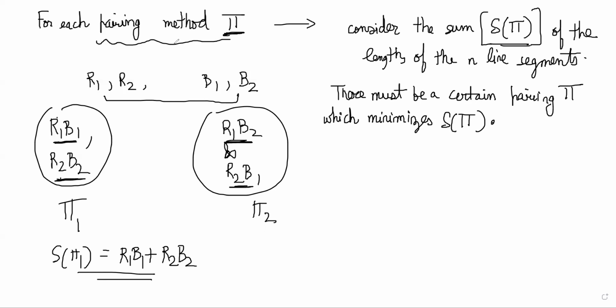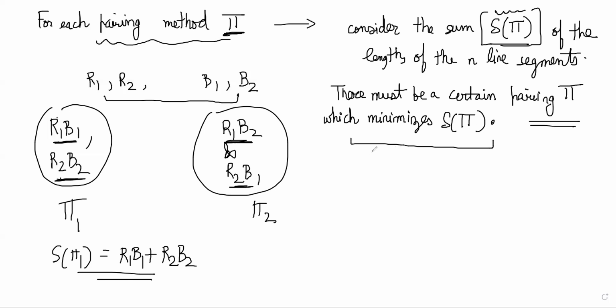Because there are a finite number of pairing methods, so a finite number of S pi's is possible. In any finite set of real numbers, there will be a minimum. So there will be a certain pairing pi which minimizes S pi, right?